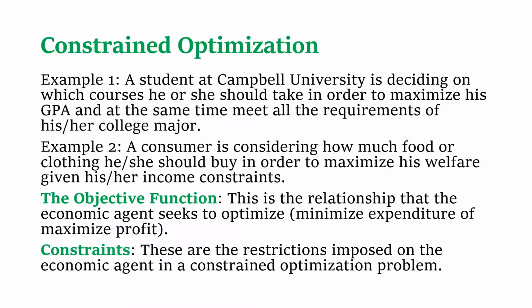And then the constraints are what? The restriction imposed on the decision maker. The restriction imposed on the decision maker is referred to as what? The constraint, right? Now, see one other example here. A consumer is concerned how much food and clothing he or she should buy in order to maximize his welfare or maybe his happiness, right?